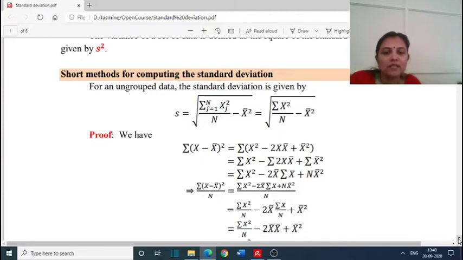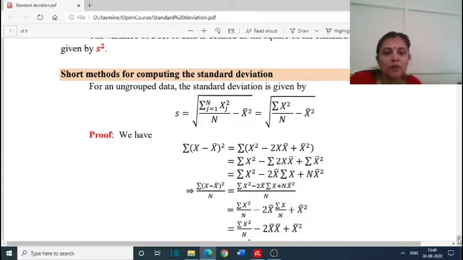Sigma (x minus x bar) the whole square. We can use the formula (a minus b) whole square, which is equal to a square minus 2ab plus b square. So here, sigma of x square minus 2x x bar plus x bar the whole square. Here a equal to x and b equal to x bar.